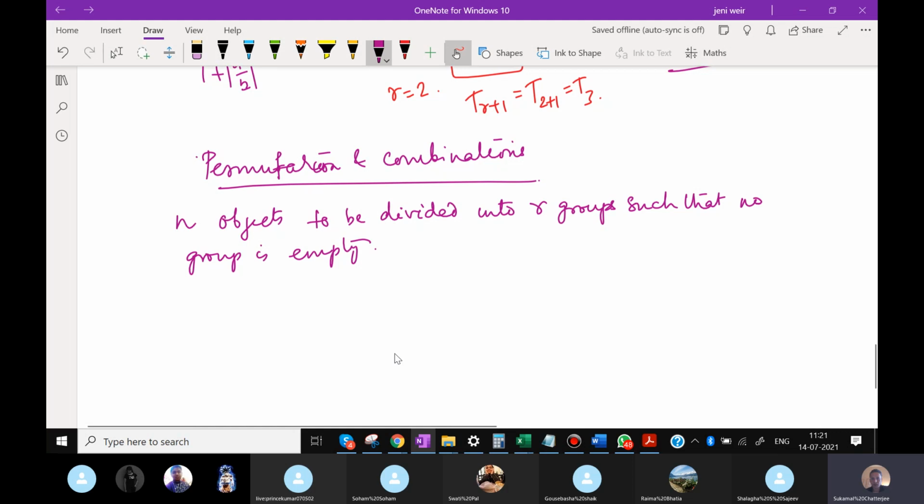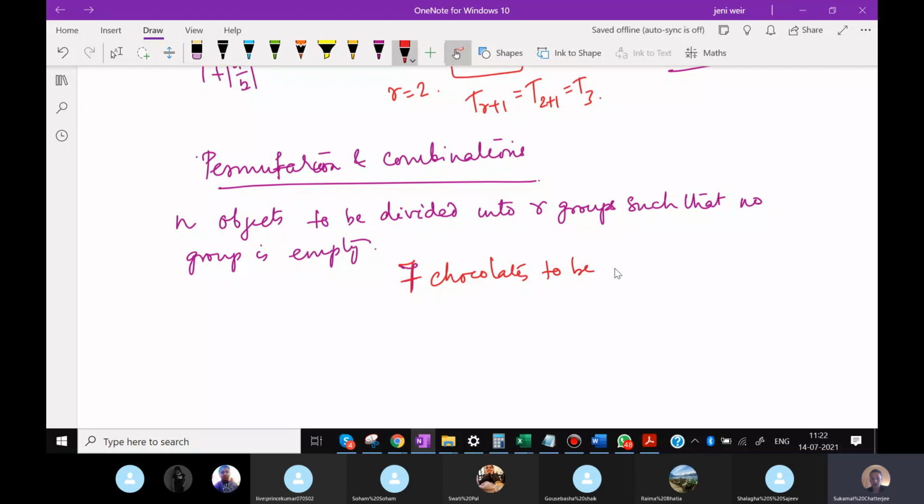So let us take an example. I have 7 chocolates to be divided among 3 kids so that each kid gets at least one.